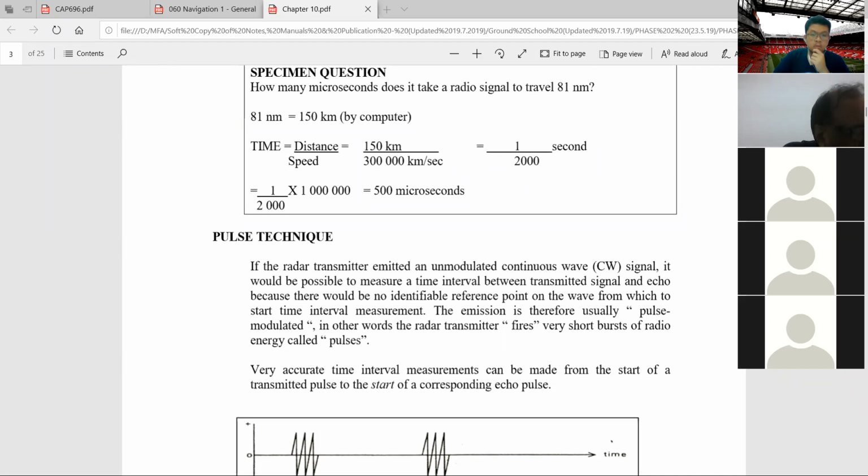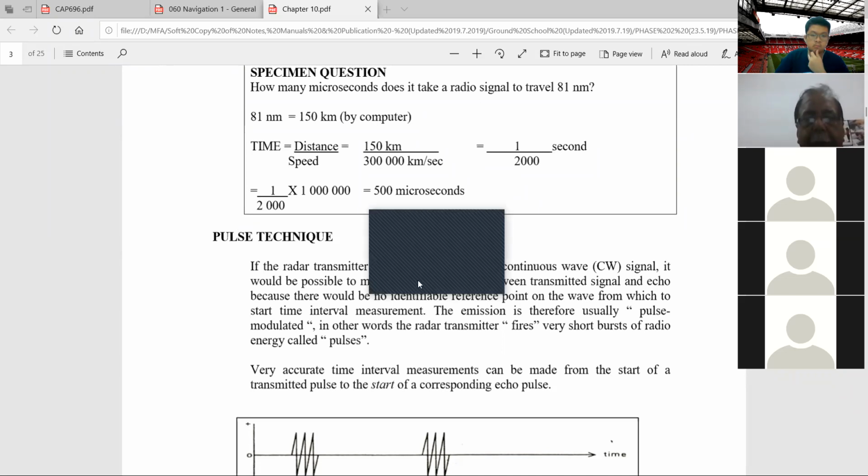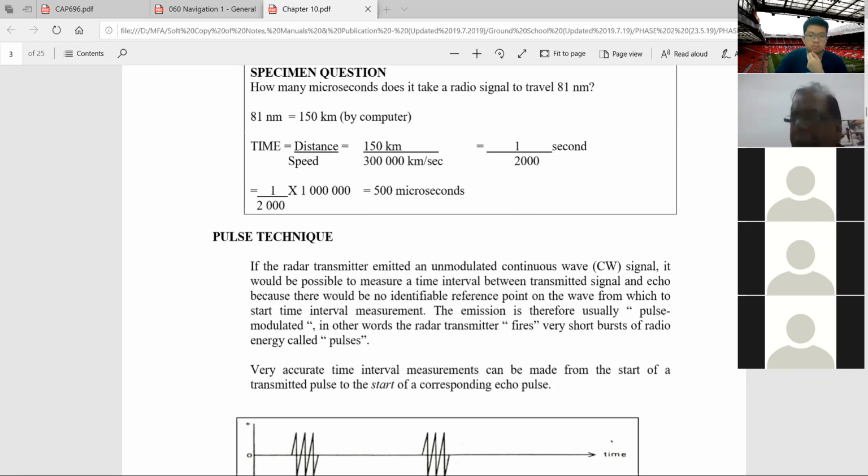If I transmit 1000 pulses in 1 second, what is the duration of one pulse? Time taken by one pulse obviously will be 1 upon 1000.